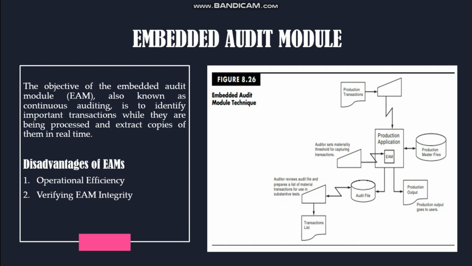The first pertains to operational efficiency, and the second is concerned with EAM integrity. On operational efficiency, from the user's point of view, EAMs decrease operational performance. On verifying EAM integrity, this approach may not be a viable audit technique in environments with a high level of program maintenance.